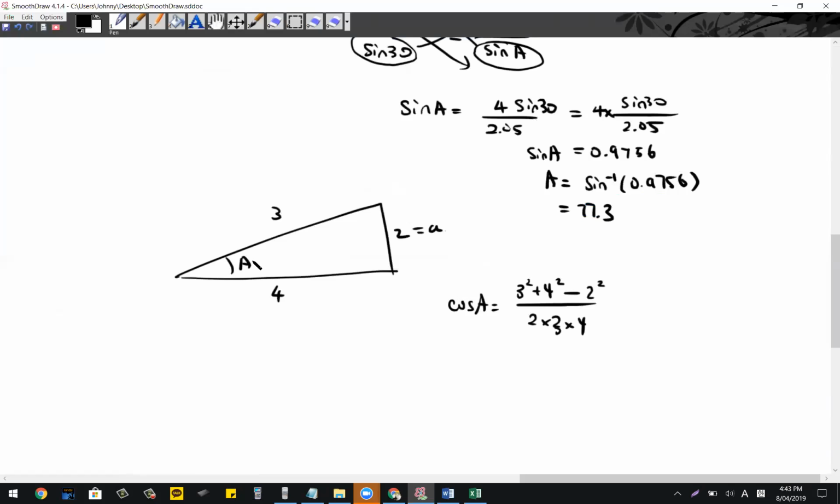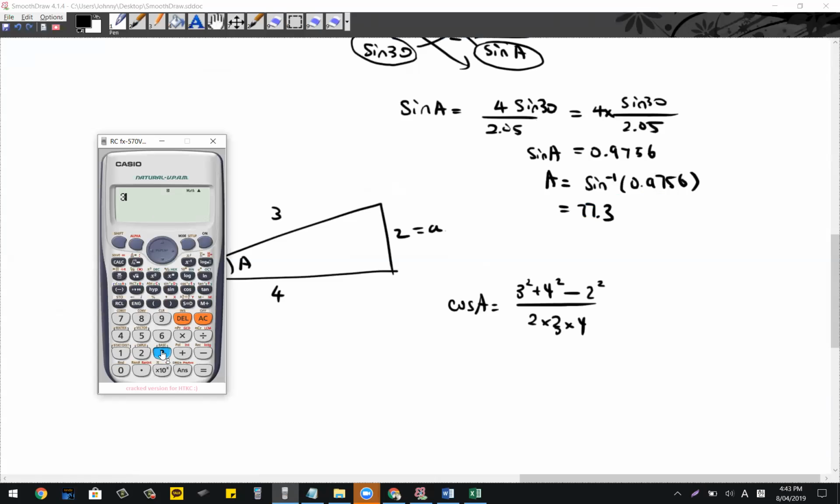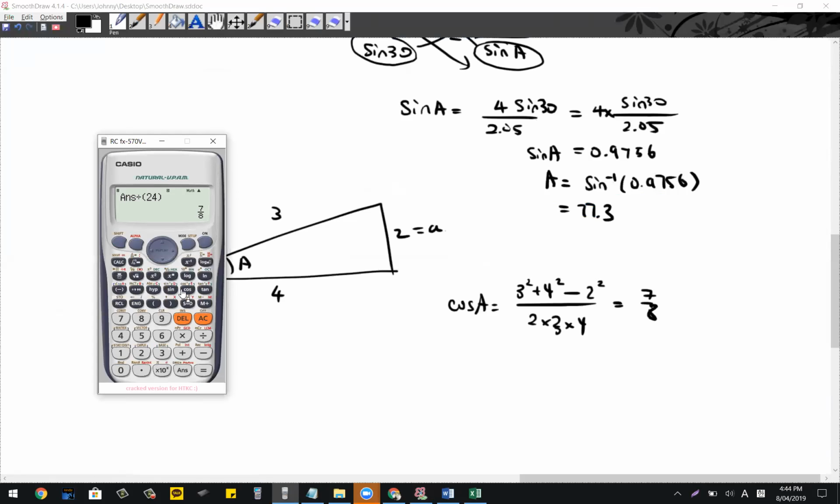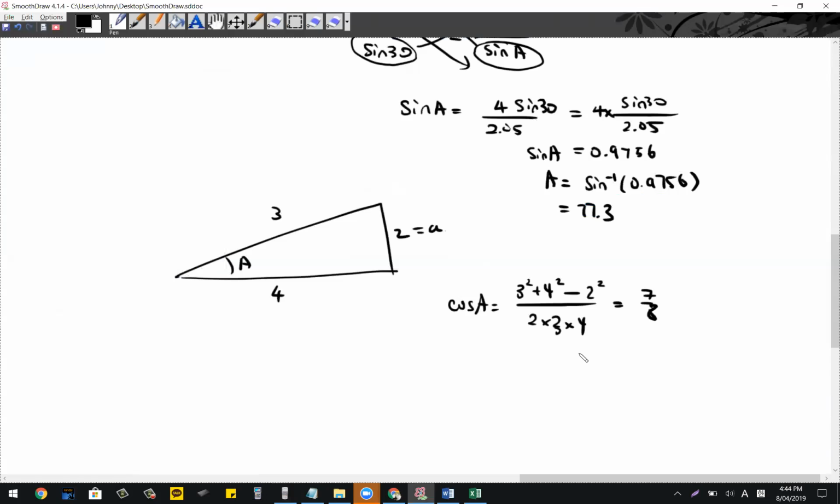So if you do that, 3 squared plus 4 squared minus 4, because that's 4, divided by 24, then you get this as cosine A, and you do inverse cos of the answer. Then you get 28.955. That's the angle here.